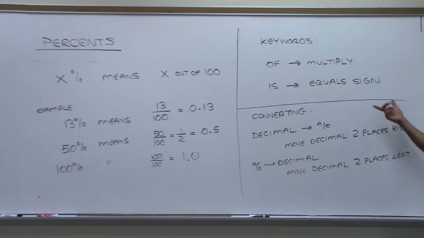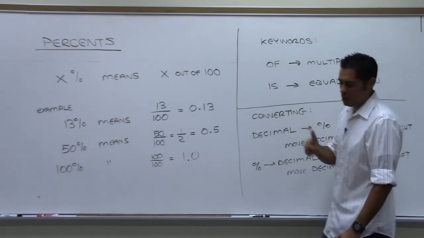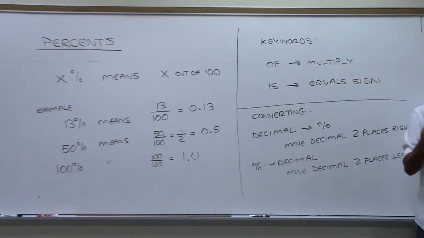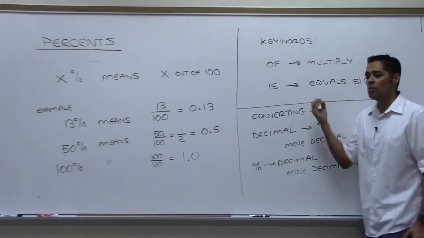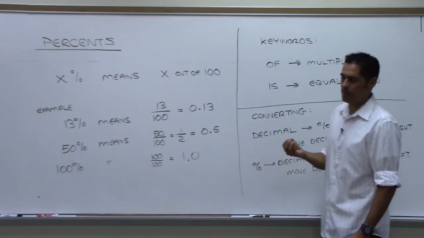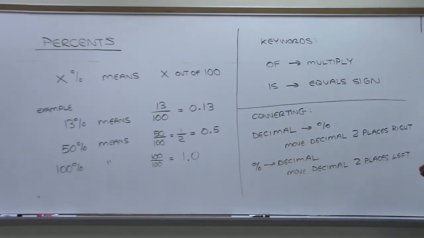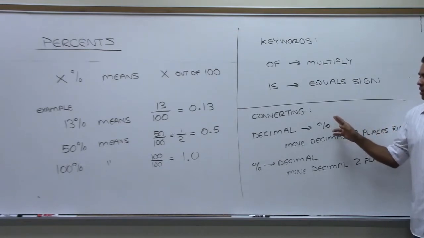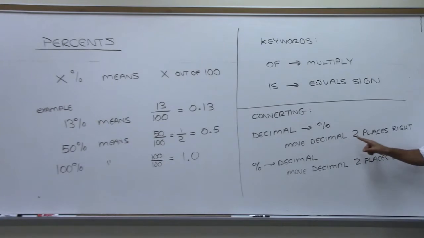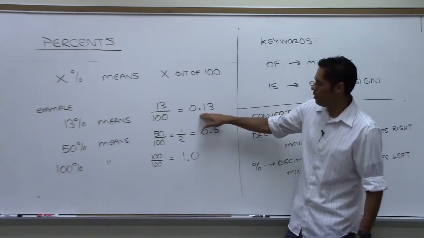Some key words that we need to be aware of when we're doing these word problems: most of the time when you see the word of in a problem, that implies multiplication. And anytime you see the word is, it usually means there's an equal sign, or equality. Remember, if you ever want to convert from a decimal to a percentage, you move the decimal 2 places to the right. Here's a decimal, 0.13.